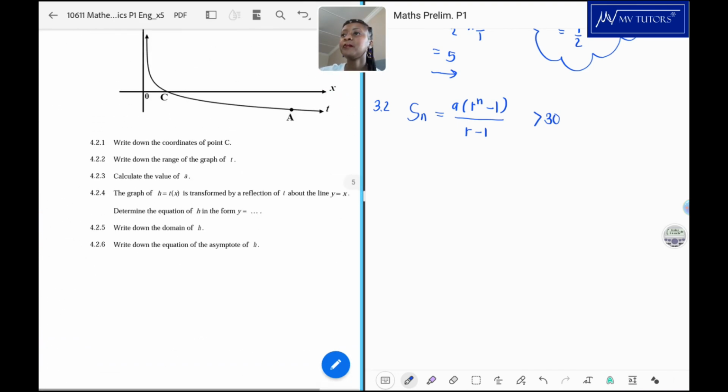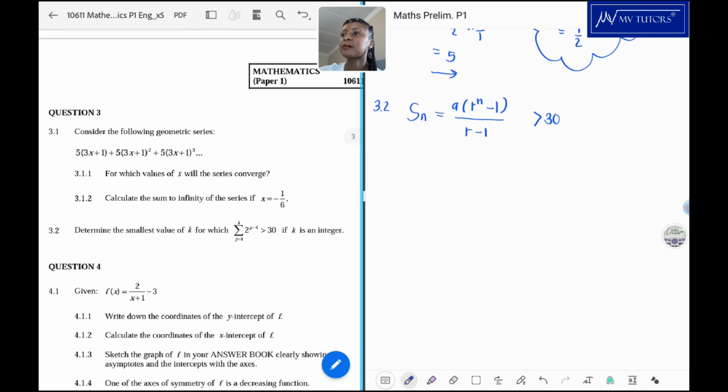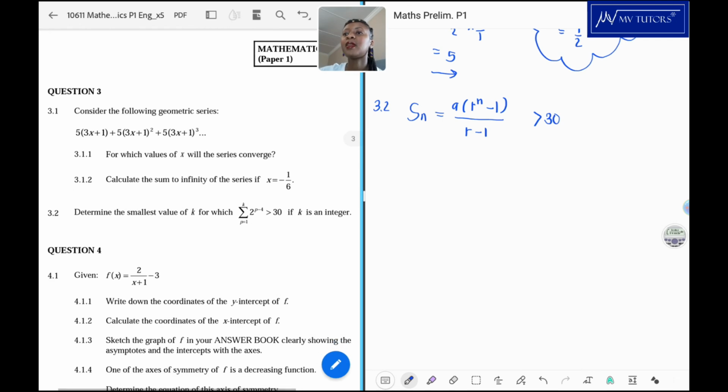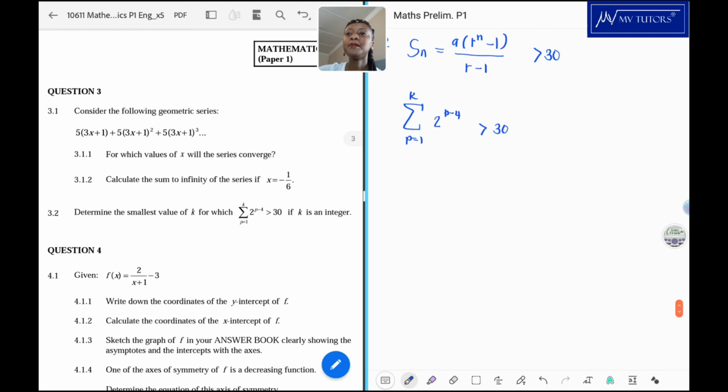Okay, so what do we have there on the sigma notation? And we're looking for the smallest value of k. So what I normally tell my students is, we're going to get the first term.